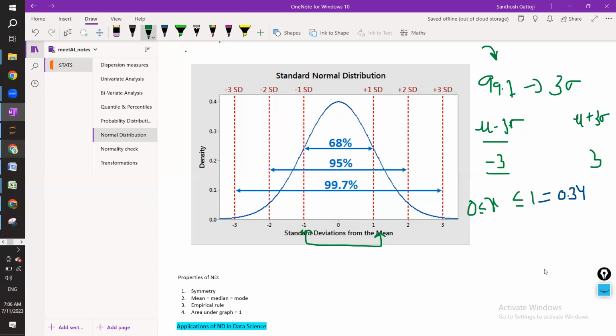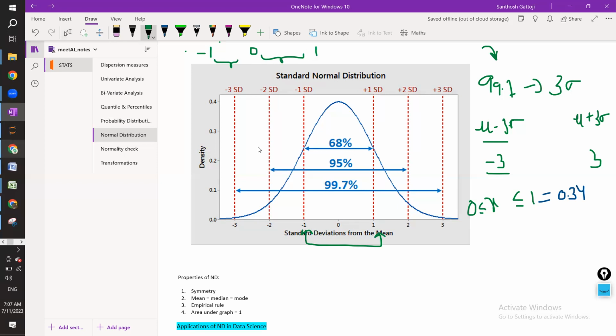For example, -1 to 1 is the area. That means -1 to 0, this area, plus 0 to 1. Agree? This is the area, that is 68.